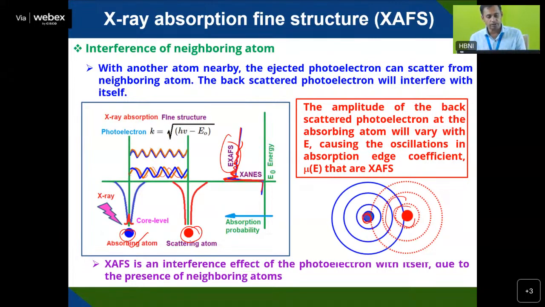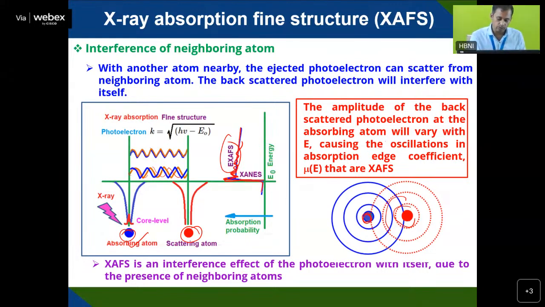So with another atom nearby, the ejected photoelectron can scatter from the neighboring atom, and the backscattered photoelectron will interfere with itself. So there will be interference between the wave vectors. The amplitude of the backscattered photoelectron at the absorbing atom will vary with energy E, causing oscillations in the absorption edge.